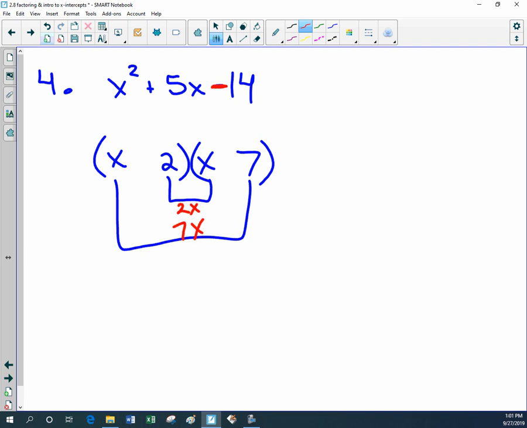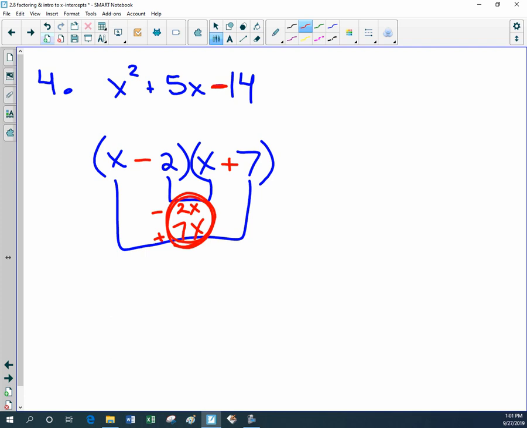So I'm looking for the difference of these two. The difference of 7 and 2 is 5. To get a +5, the bigger number is positive. So it'd be x minus 2 and x plus 7. If this was minus 5x, then it would be a -7x.